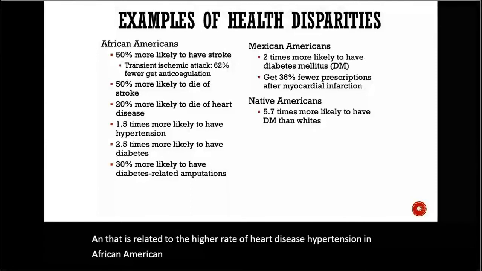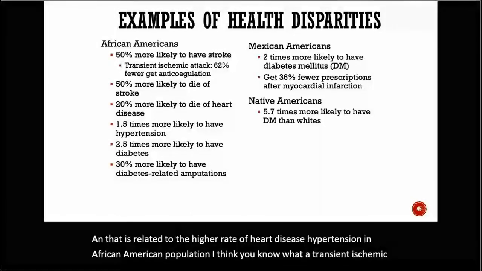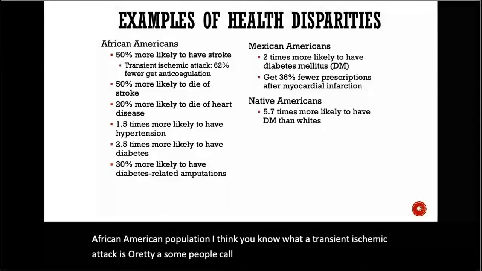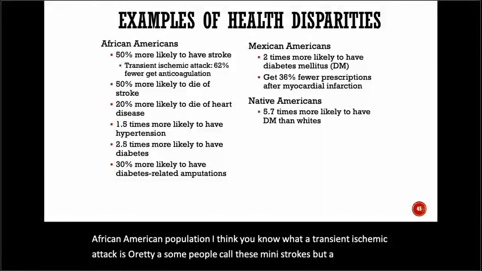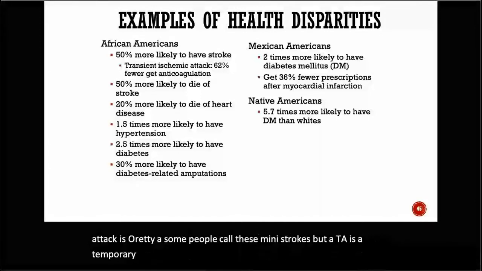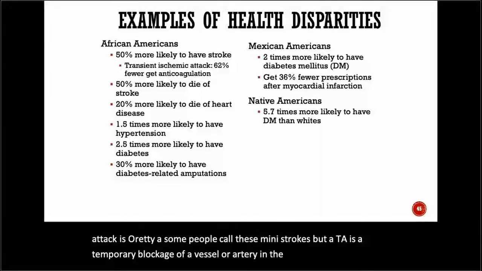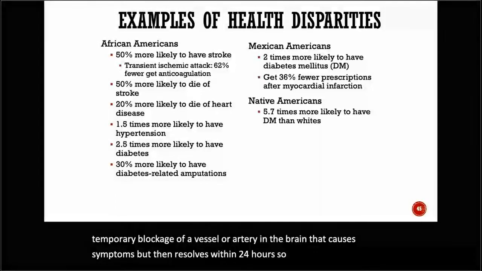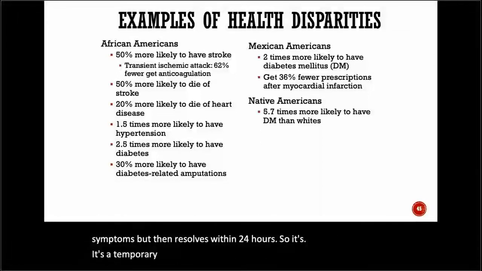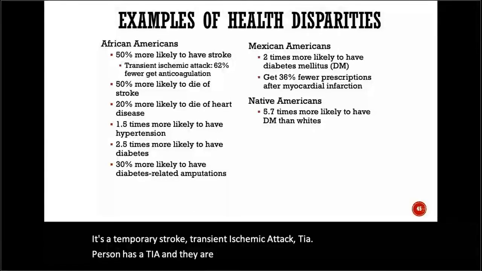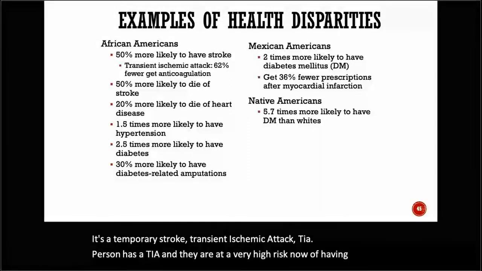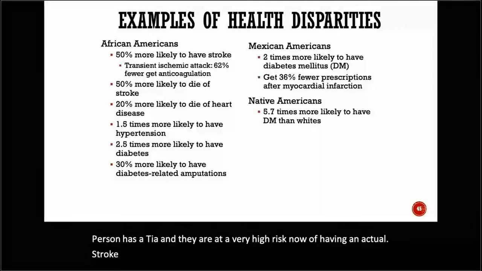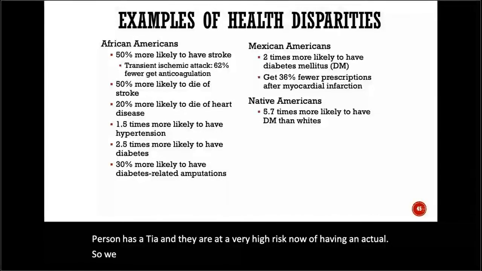I think you probably know what a transient ischemic attack, or TIA, is. Some people call these mini strokes, but a TIA is a temporary blockage of a vessel or artery in the brain that causes symptoms, but then resolves within 24 hours. So it's a temporary stroke. If a person has a TIA, they are at very high risk now of having an actual stroke, so we would need to anticoagulate those people.